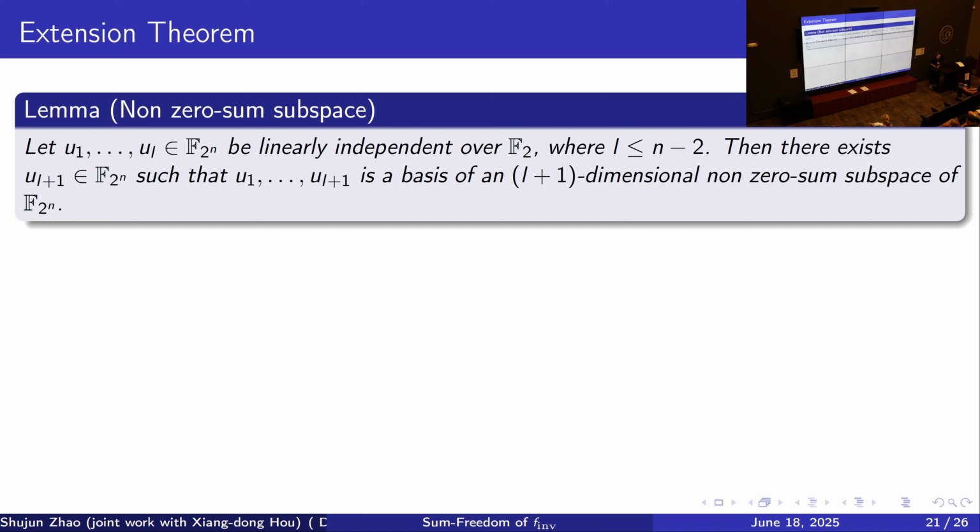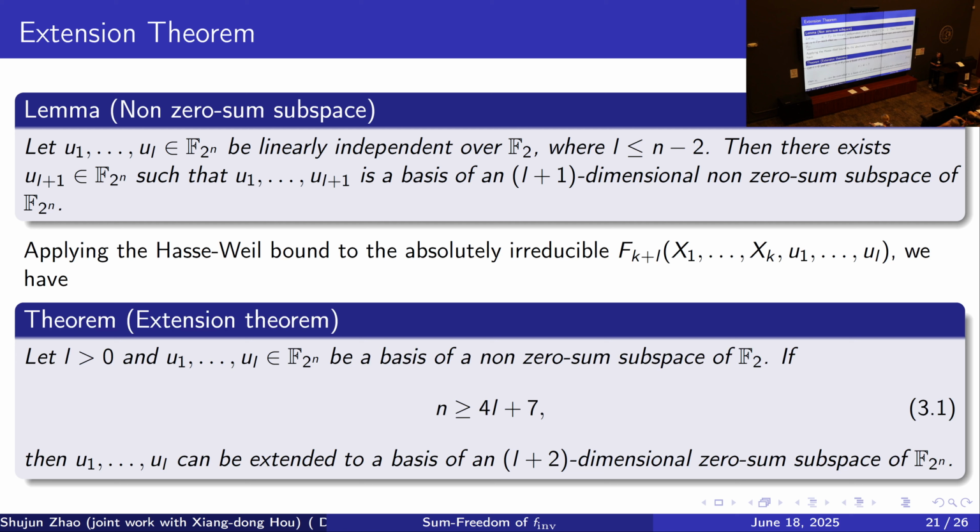So let's start with u1 to ul to be arbitrary linearly independent elements in F2 to the n, and then we could actually enlarge it into l plus 1 elements such that it is a basis for a non-zero sum subspace.